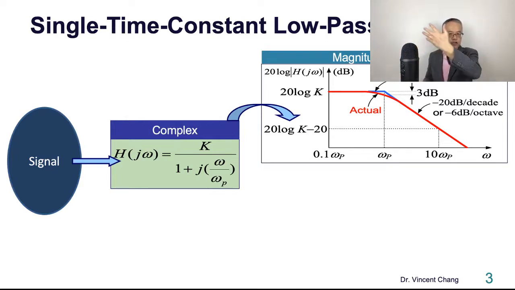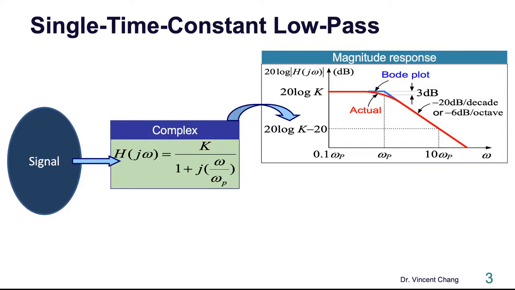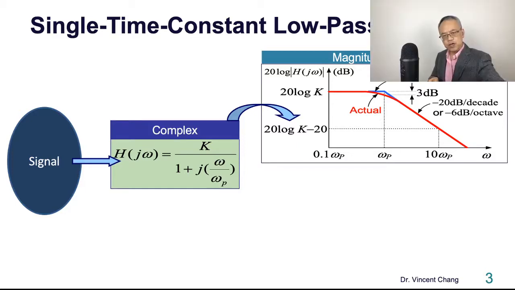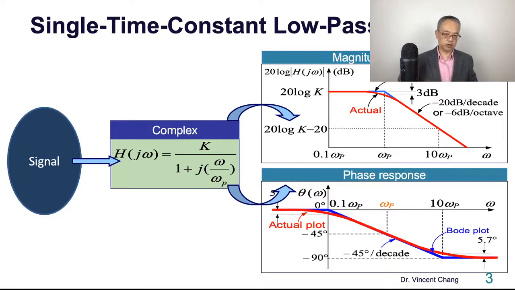Low frequencies pass, the high frequencies decay, so it's low pass. How much phase is added upon the signal, you have to look at the phase response. In summary, for the single pole low pass transfer function, the phase shift will be between 0 degrees and negative 90 degrees.